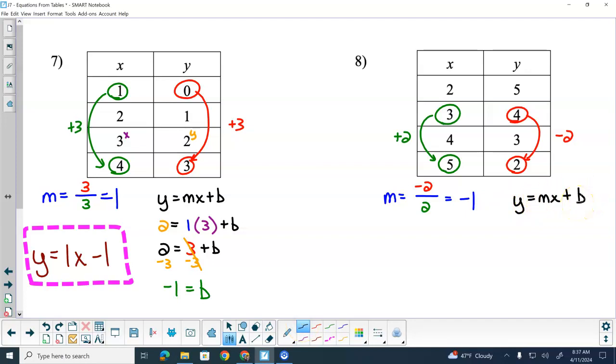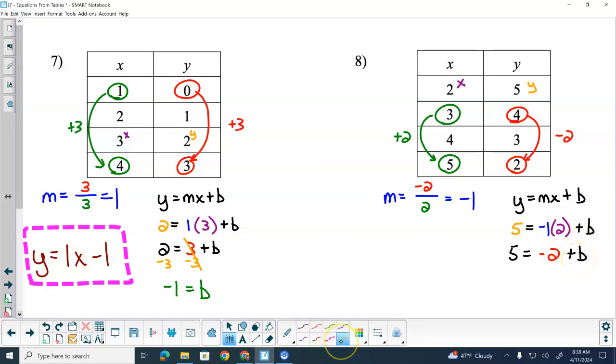Let's go with the first one. We haven't used the first one in a while. So we're going to go an x there. We're going to go a y there. So that's going to be 5 equals negative 1 times 2 plus b. 5 then is going to equal negative 1 times 2 is negative 2 plus b.